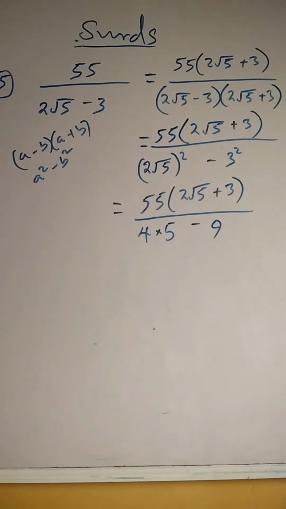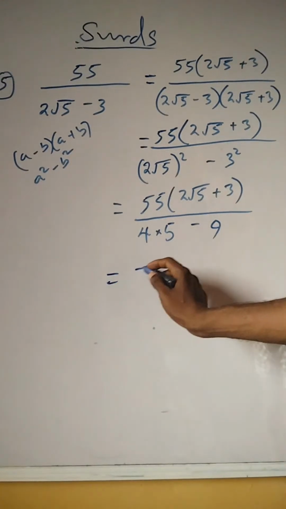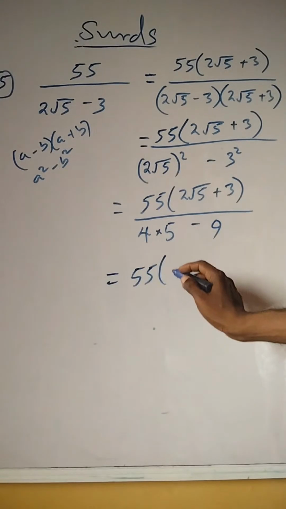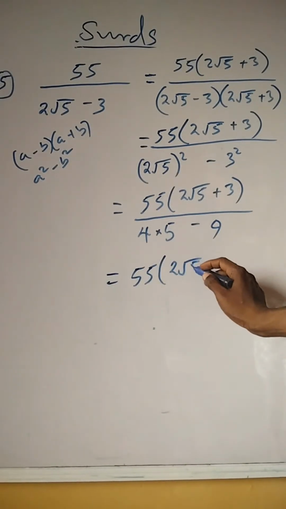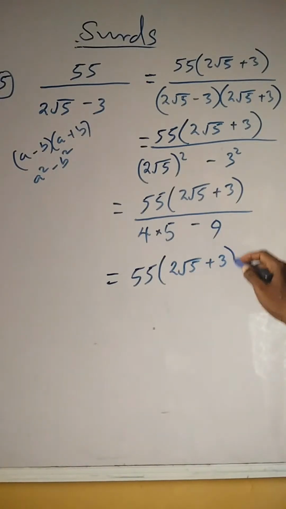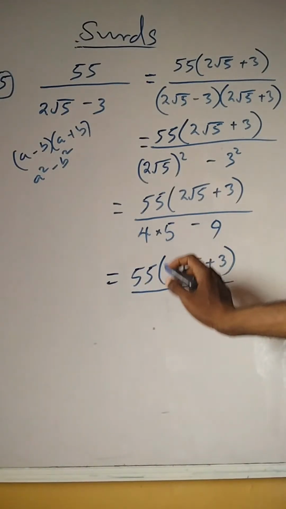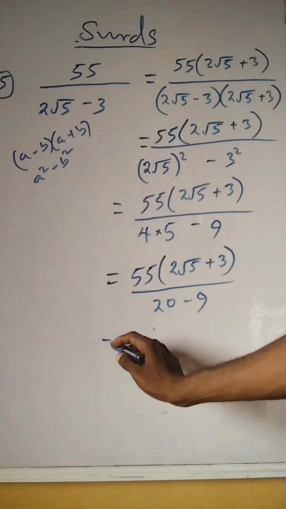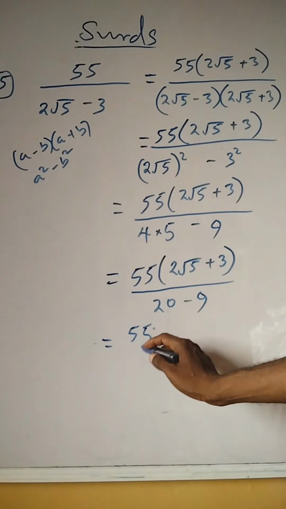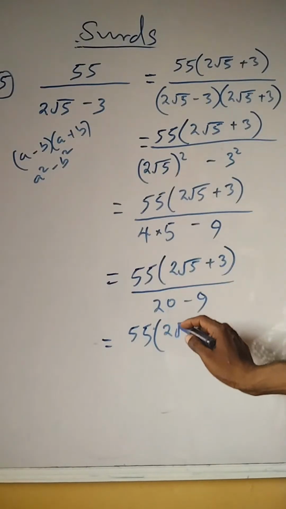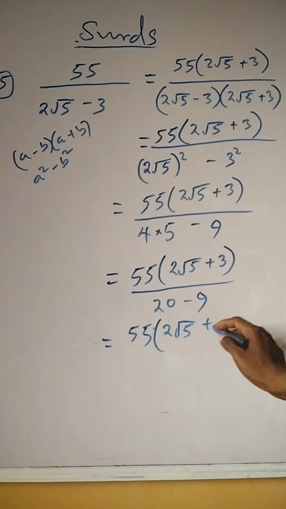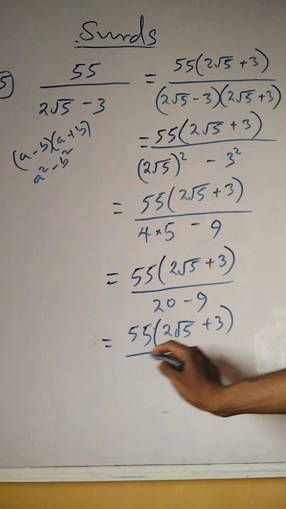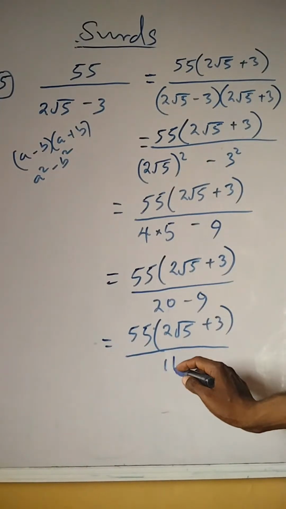From here, this becomes 55 into brackets 2 root 5 plus 3, then divided by 4 times 5, 20, minus 9. That is, this becomes 55 into bracket 2 root 5 plus 3, then over 20 minus 9, that's 11.